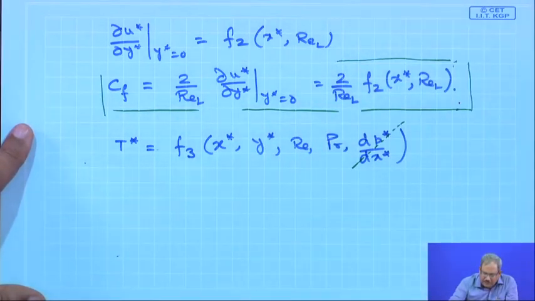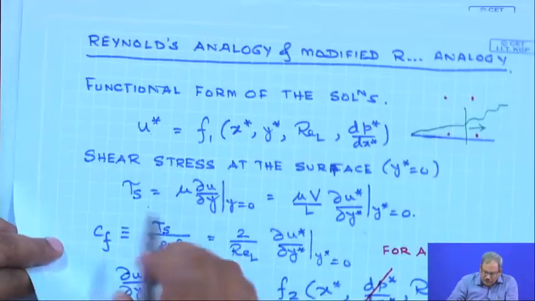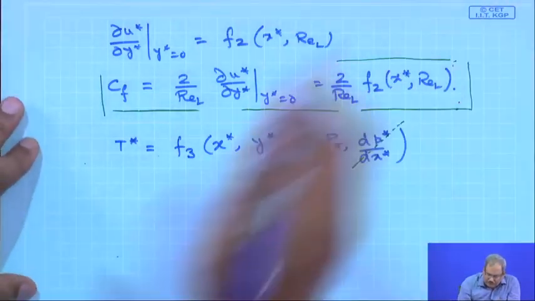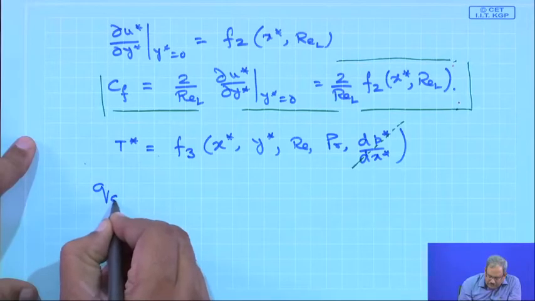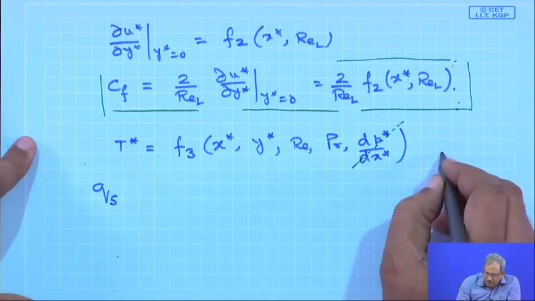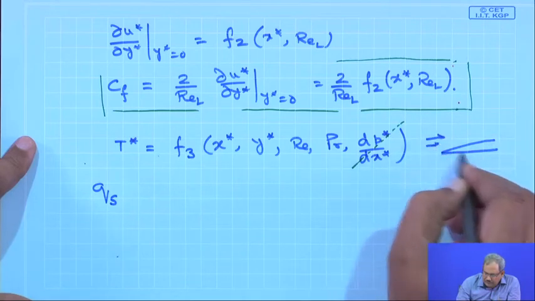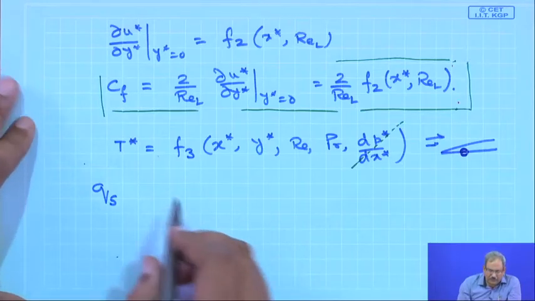The same way I have done it for the case of shear stress, I am going to do for the surface heat flux, which I call Qs. If this is the solid plate, you have the profile and you have flow taking place. I am trying to find out what is the surface heat flux at y* = 0.